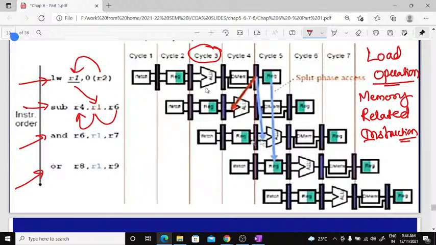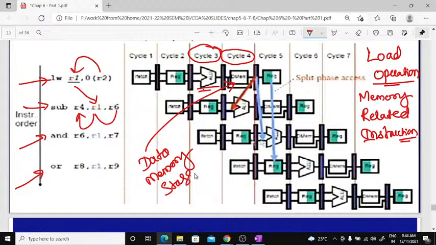Then in cycle 4, there is the data memory stage. Data memory means it handles the memory related instructions.